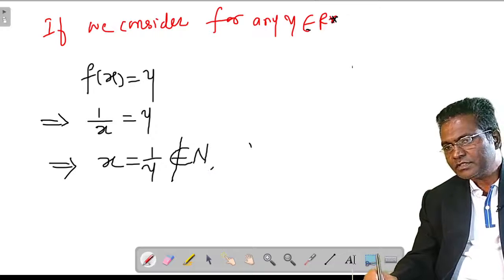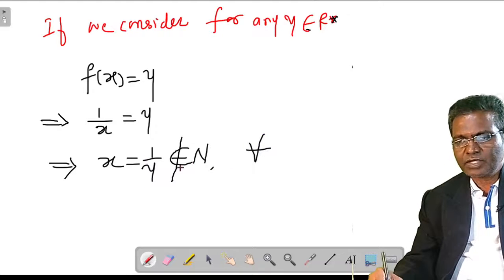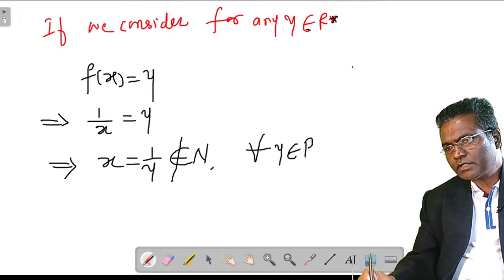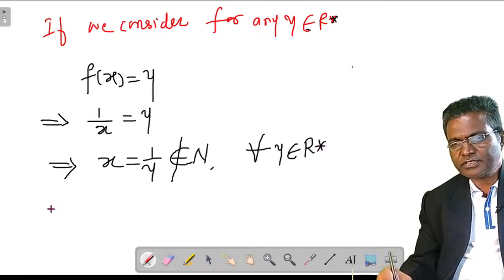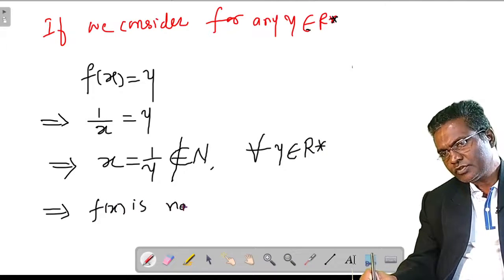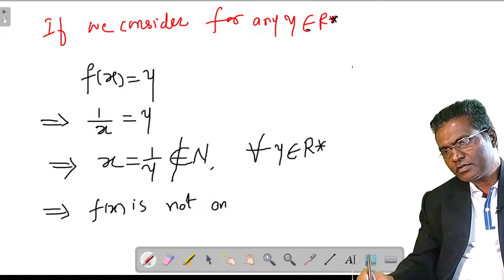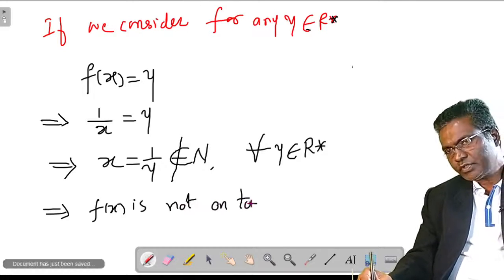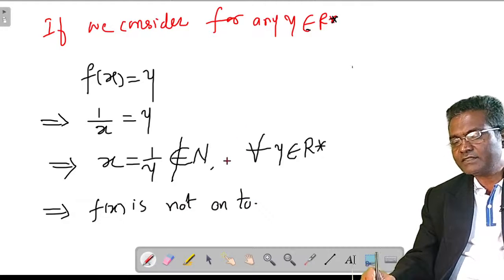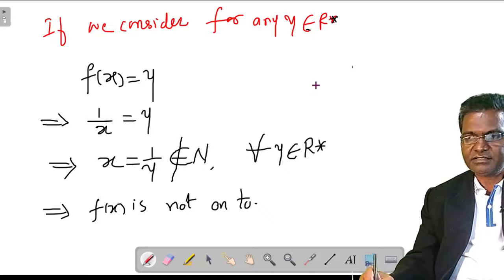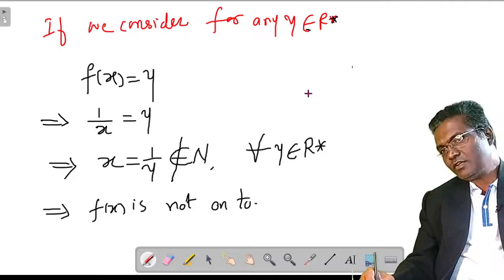So this implies 1 by y does not belong to the domain for all y belongs to codomain. So this implies f of x is not onto, with domain as the set of natural numbers and codomain as this. So this is to be noted.